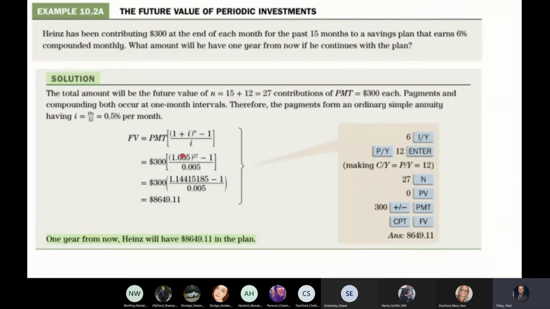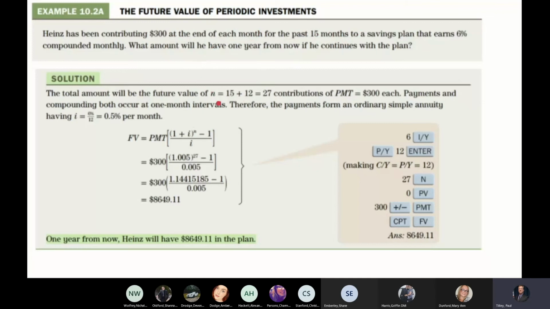And then we ask ourselves, how many compounds are in this type of problem? Well, let's see. At the end of each month for the past 15 months, so that's 15 months.